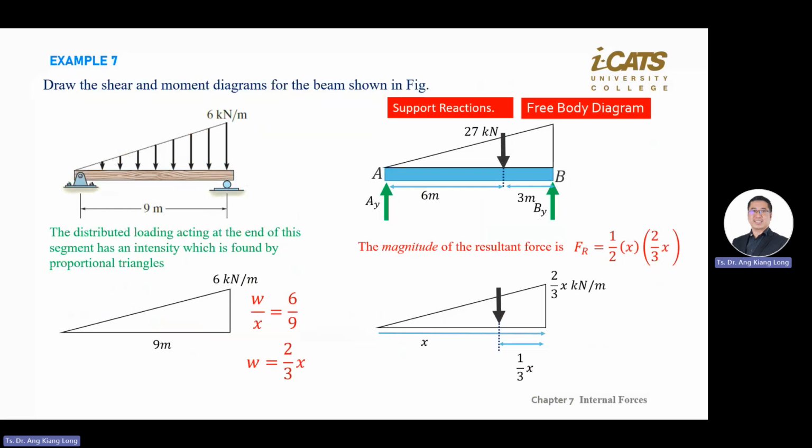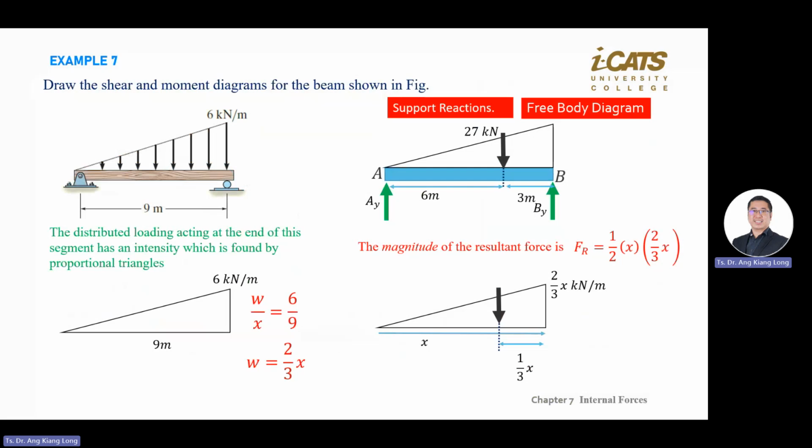This one comes in when you learn about wing structure. This 6 kilonewton per meter is the distributed weight of this triangular, and we change it into a general one because this is 9 meter.